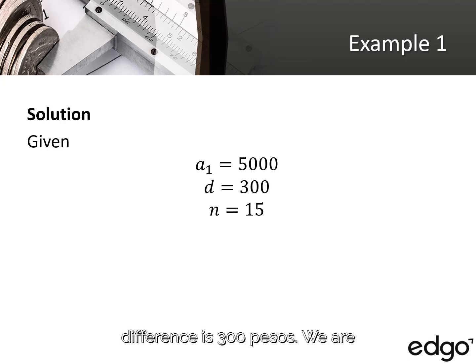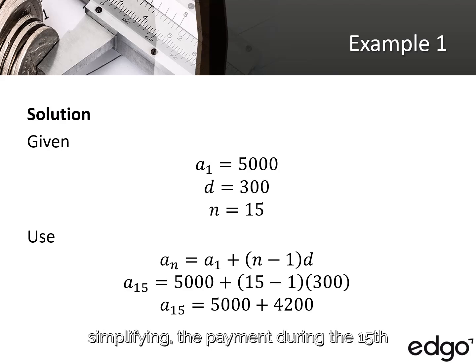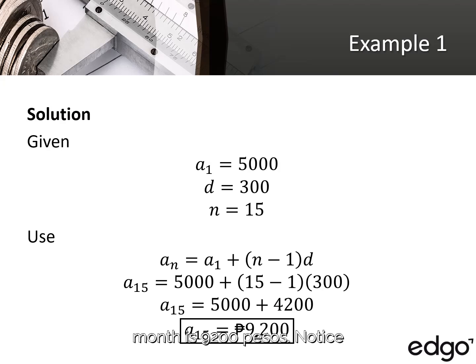The common difference is 300 pesos. We are looking for the payment during the 15th month. Substitute these values into the arithmetic sequence formula. After simplifying, the payment during the 15th month is 9,200 pesos. Notice that we did not have to calculate all 15 payments one by one. The formula gave us the answer directly.